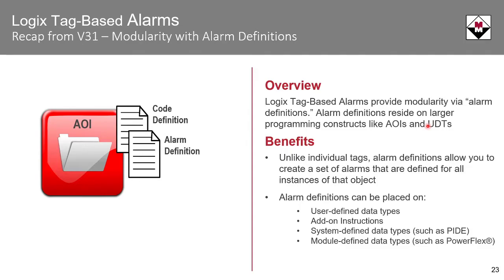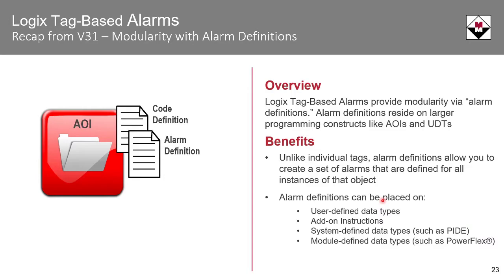Logix tag-based alarms provide modularity via alarm definitions. Alarm definitions reside on a larger programming construct, like an add-on instruction or a user-defined data type. An example of an alarm definition on an add-on instruction: let's say you create a motor control add-on instruction with a fail to start, a fail to stop, and an overload fault tag.